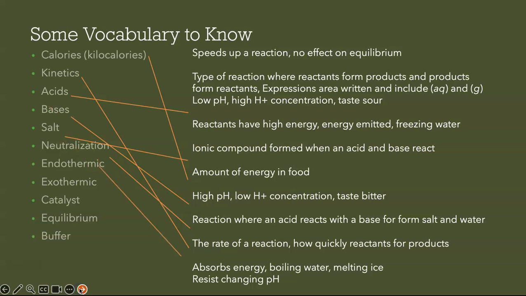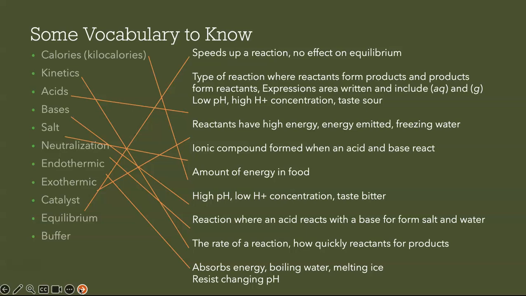Endothermic, of course, is a reaction where heat is absorbed. They have a positive enthalpy value, whereas exothermic is the exact opposite, heat leaving. A catalyst is something that will speed up the reaction, causing that reaction to proceed forward with a different pathway.